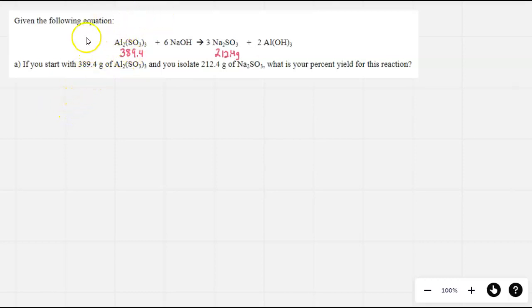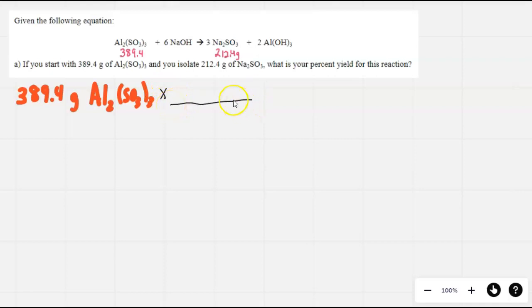I know I have 389.4 grams of Al2(SO3)3, and my goal is to figure out how many grams of Na2SO3 I should produce. So hopefully we're starting to see this pattern. I go into moles, so I'm going to divide by molar mass.